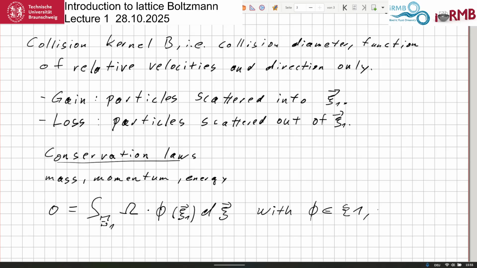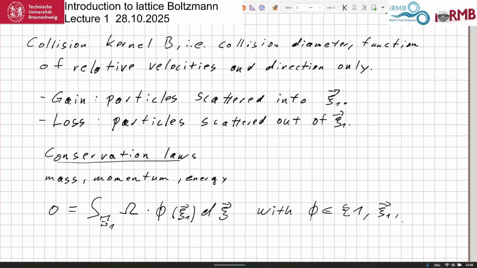But also, if this phi is the velocity Xi1, that means the momentum: if I integrate over all the velocity states, I get the momentum of my system. And the collision is not allowed to change the momentum of my system. So when I multiply the collision operator with Xi1 and integrate over all velocities, it should also be 0.